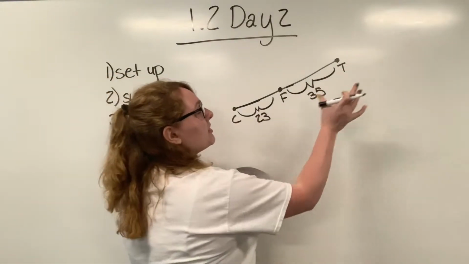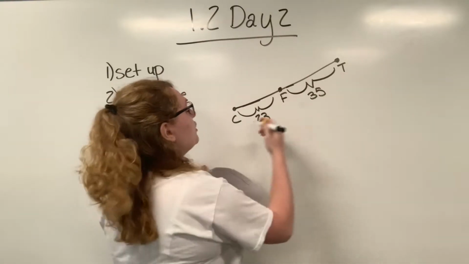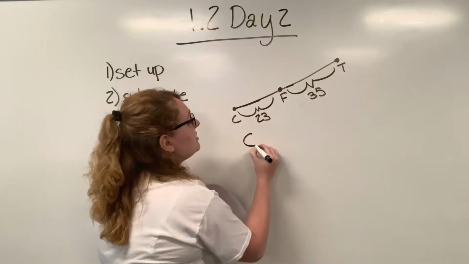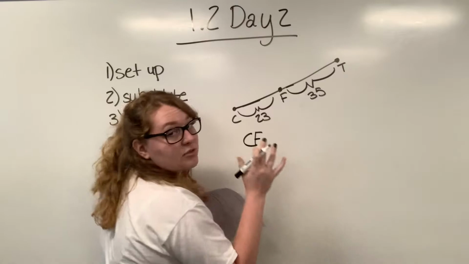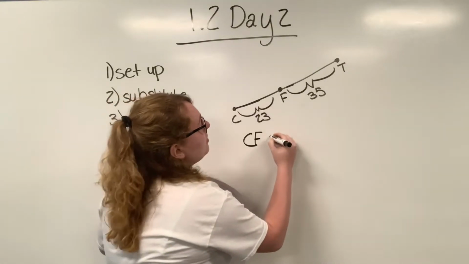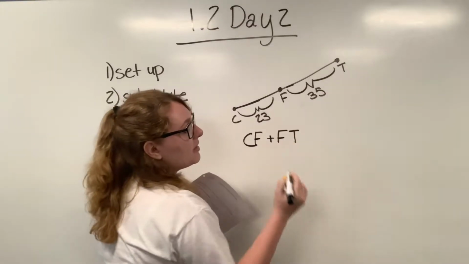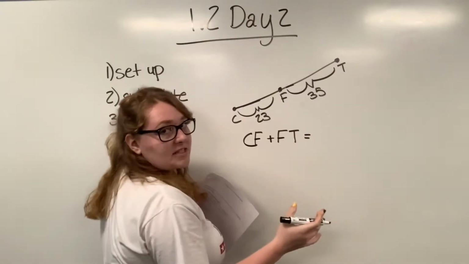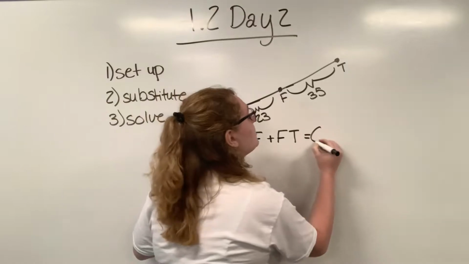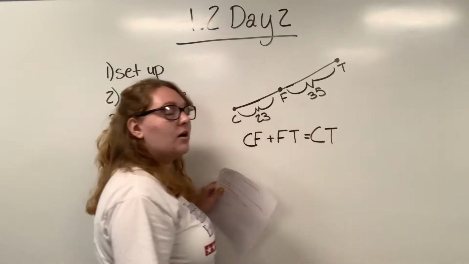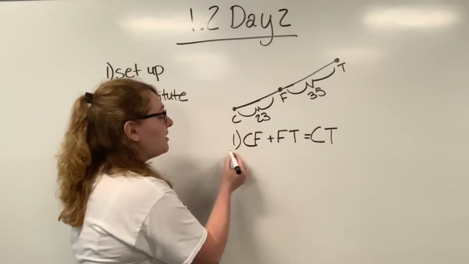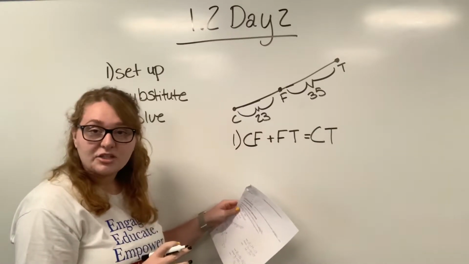First chunk plus second chunk equals whole thing. So we have the distance between C and F, that's why there's no line over top, plus the distance between F and T equals the distance between the whole thing CT. Okay, so that's step 1, that's setting up. That's what we know, that's the segment addition postulate.